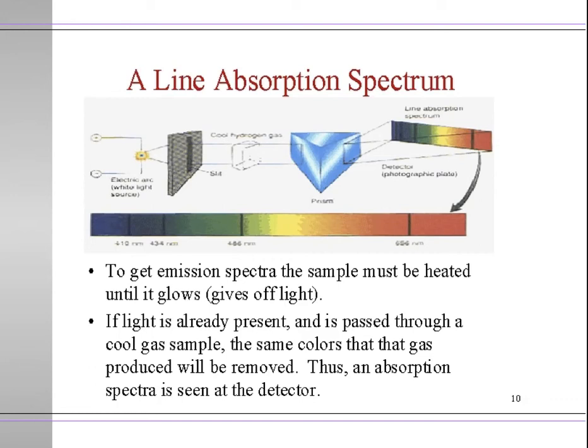This is called an absorption spectrum. So in the diagram, you see that there's a void in the red area, in the green area, and then down in the blue/violet area. So the line spectrum would have lines in those areas, and the rest of that rainbow would have been voided or would have been gone. It wasn't present.